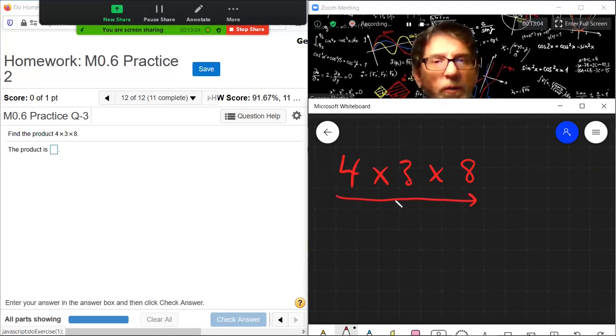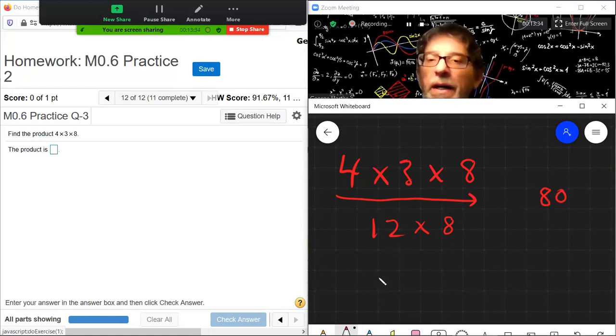These two digits first. 4 times 3 is 12. Bring down your times 8. What is 8 times 12? You don't know, you say. Okay. Well, what is 8 times 10? Well, I know that's 80. So this is 10 eighths, correct? 80 is 10 eighths. But we have 12 eighths.